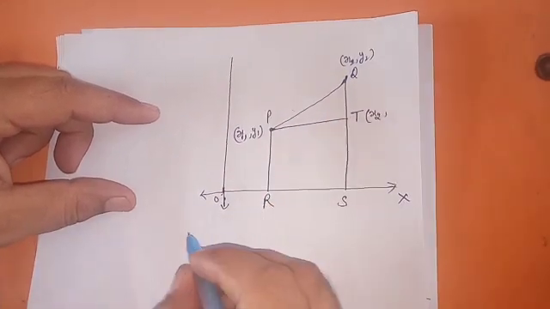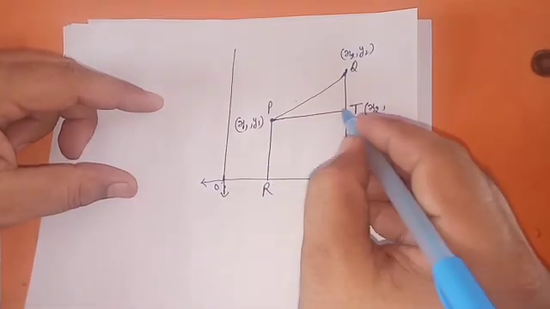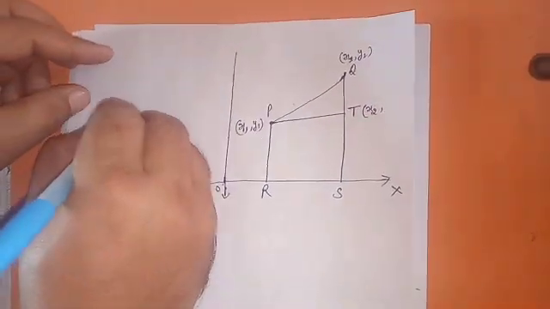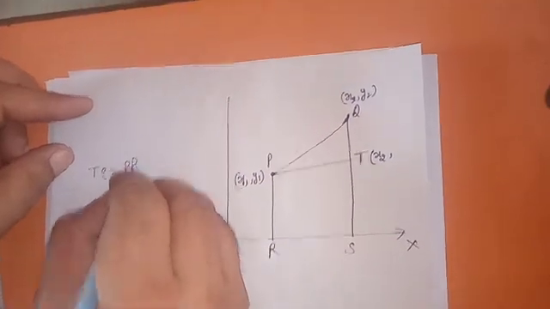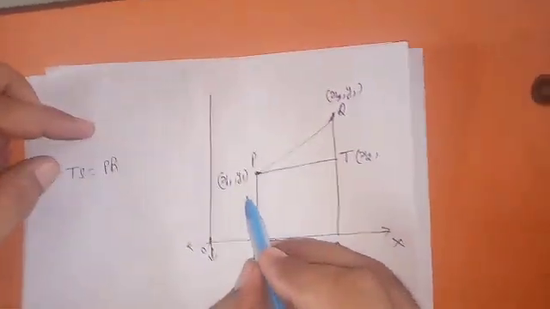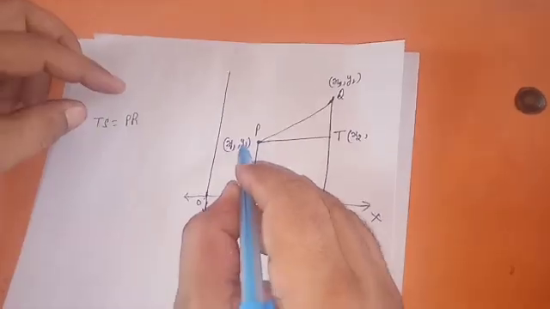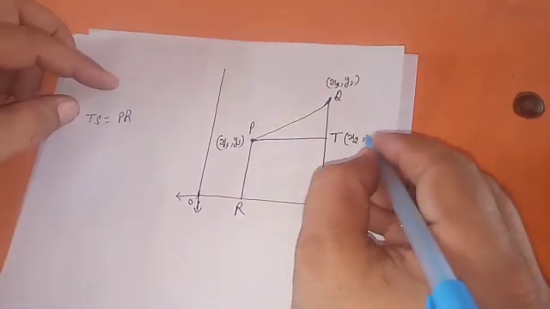And what is the y coordinate? Distance from the x-axis. This distance TS is equal to PR. What are the coordinates of P? x1, y1. This coordinate and this coordinate are equal.